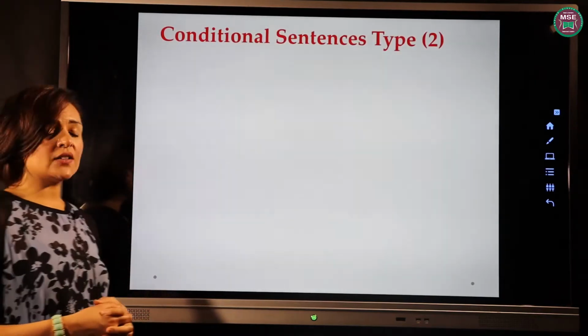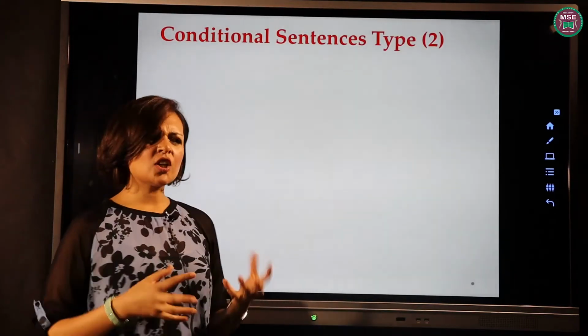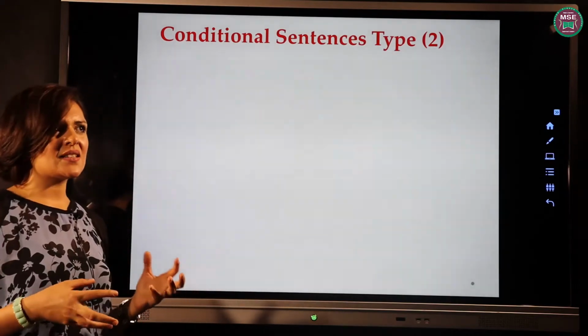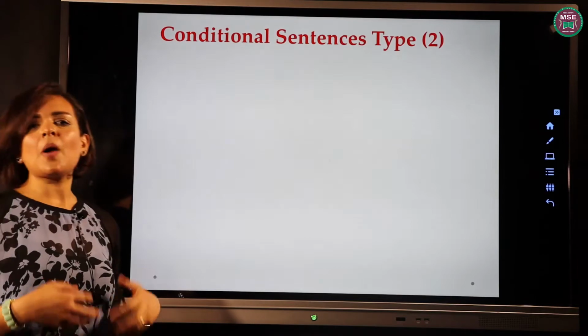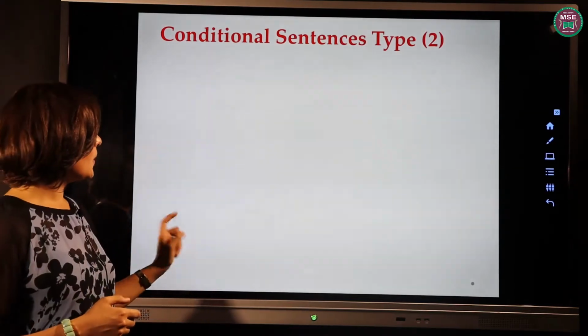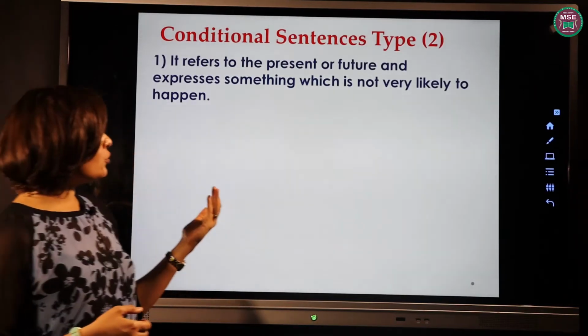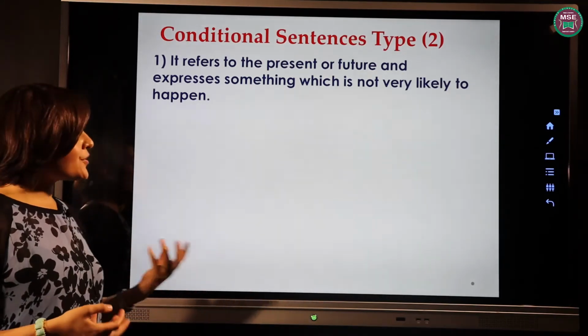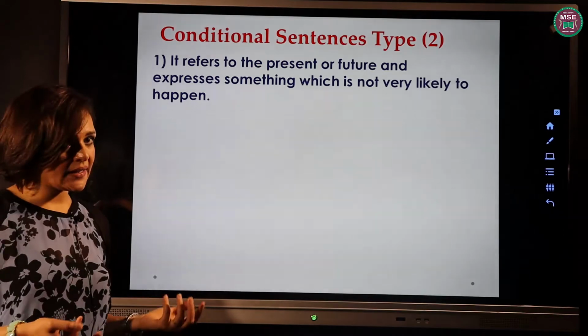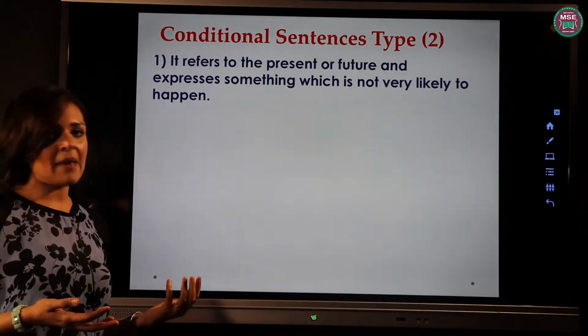What about the second conditional? The second conditional is something that you can imagine, something that is impossible to happen. So it refers to present or future and expresses something which is not very likely and imaginary.